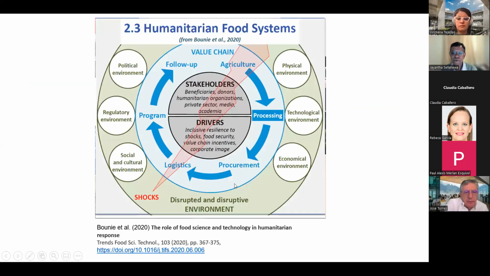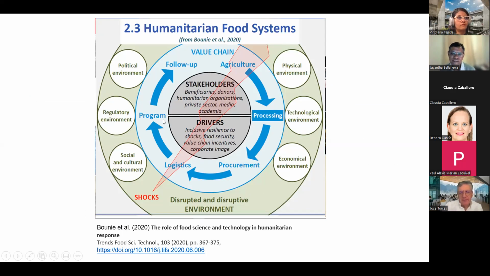Now, if we look at a humanitarian food system, this was developed by my colleague Dominic Booney, which is in our publication that I refer to later. The drivers are, we talk a lot about resilience, and this arrow is the shocks, what we call the external shocks. That can be an earthquake, or it can be a pandemic.